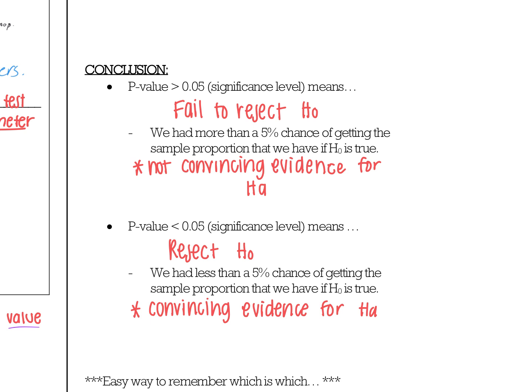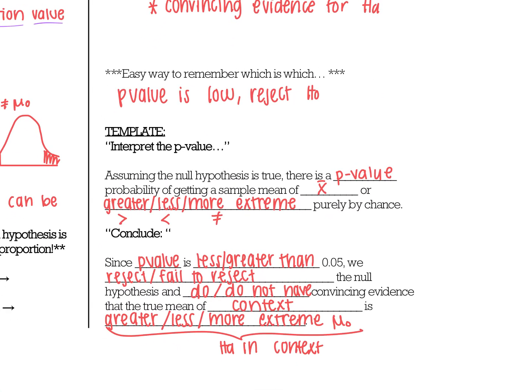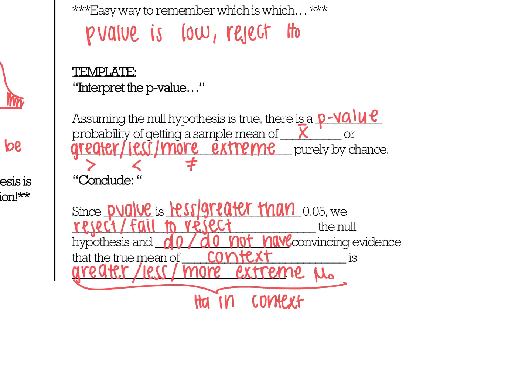And if we get a number less than 0.05 for the p-value, then we're ready to reject the null hypothesis. We have convincing evidence for the alternative that we were measuring against. Reminder, if the p-value is low, that means we get to reject the H-naught.